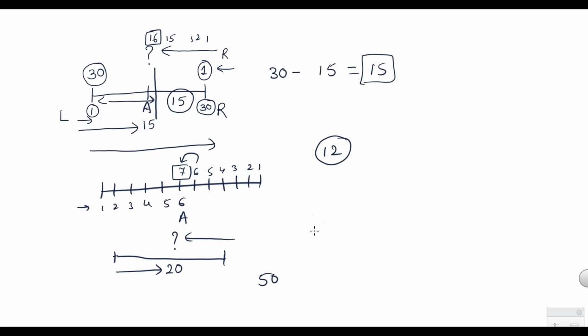So here it is not just 50 minus 20. The first thing we do is the total number of people, 50, minus 20. But after taking this 50 minus 20, we get plus 1 or minus 1. Right? You remember in which case we have to take plus 1 and in which case we have to take minus 1. So this is very important, taking plus 1 or minus 1. Now in this case, the total number of people is 50. If I subtract this 20, I'll get 30.